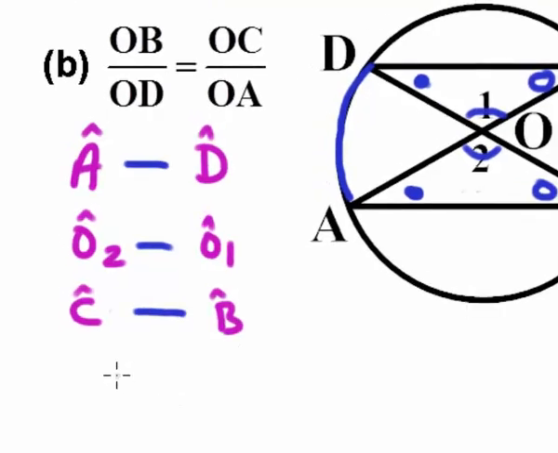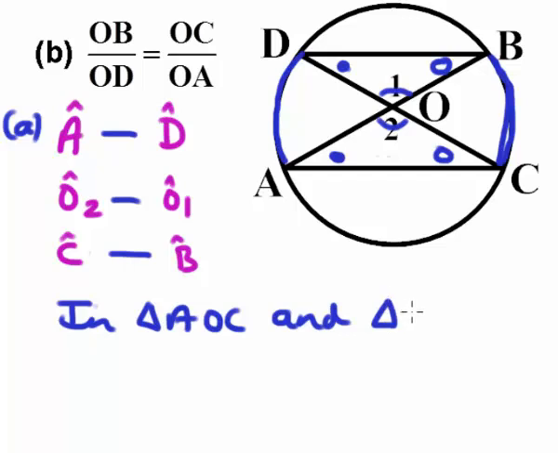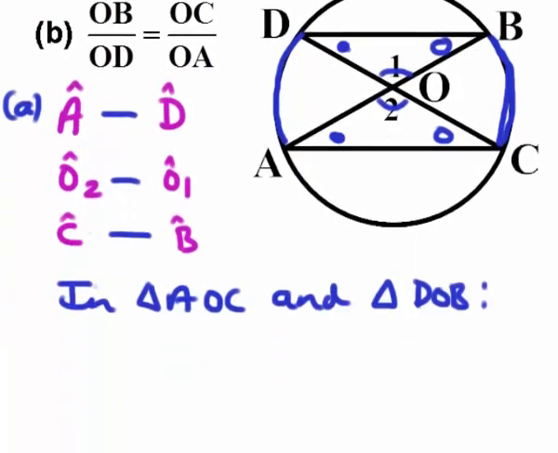So we can start here by saying in part A, in triangle AOC and triangle DOB, there we've got our triangles. What do we know?